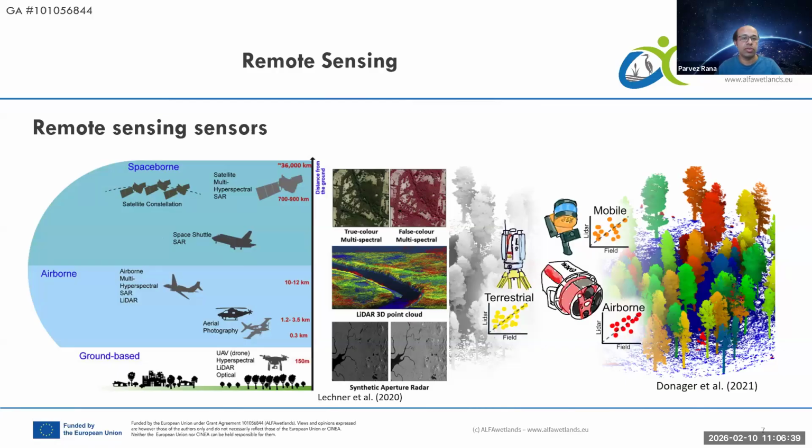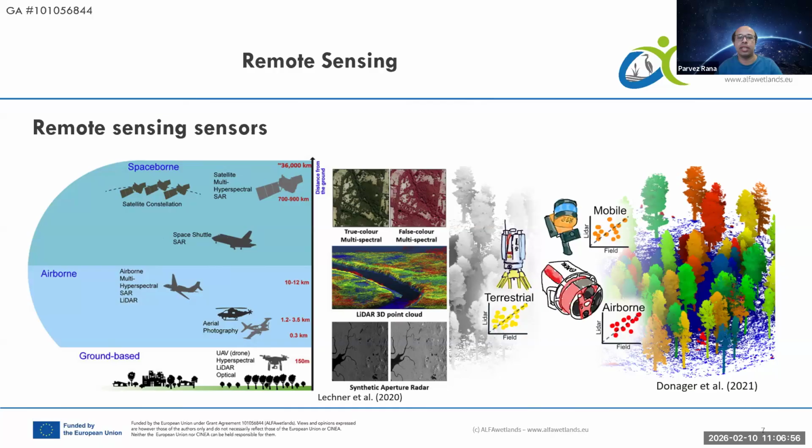So these are the three different sensor platforms from which we could get data, and we could also use some other data sources, like terrestrial lidar data, or nowadays we also get some data using our mobile phone.